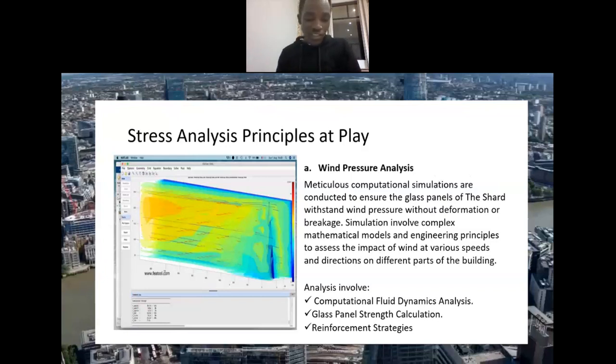Next, the reinforcement strategies, very important. We have to analyze all this, and they were well analyzed by the engineers during the construction of this building, so that they can make sure they create something that is not going to break.